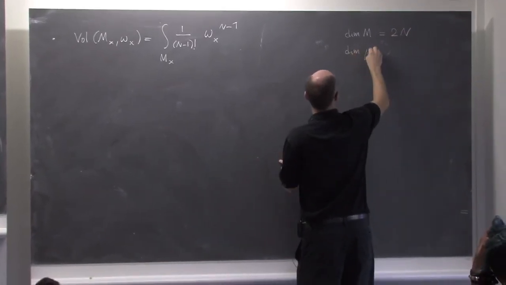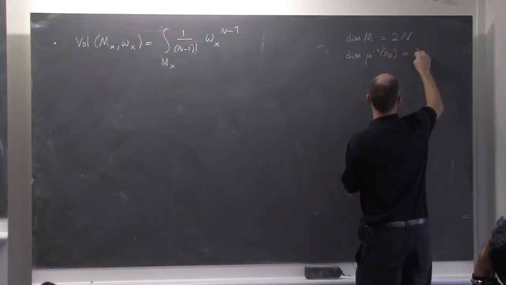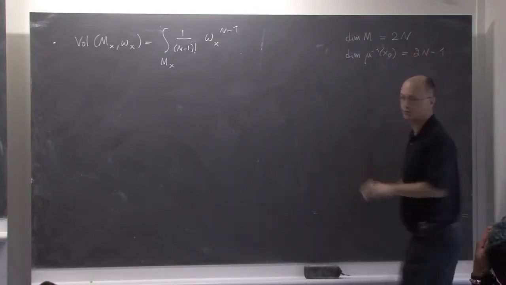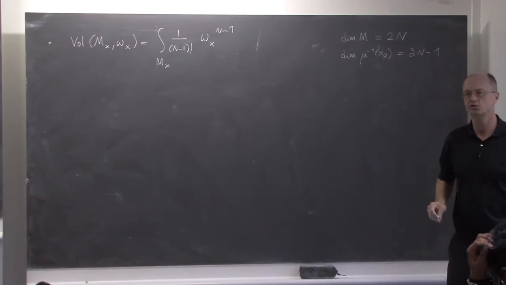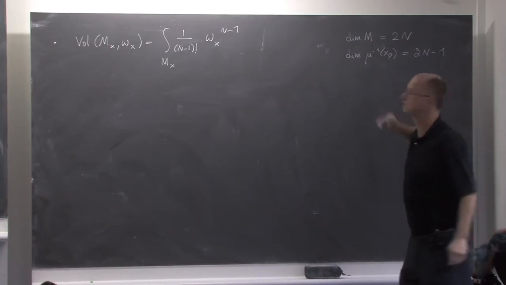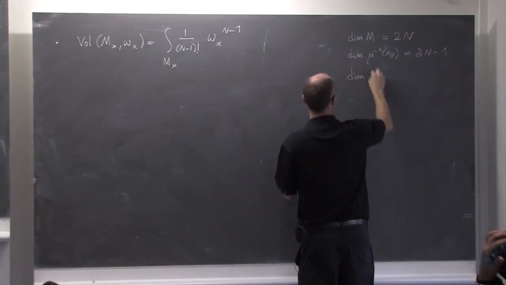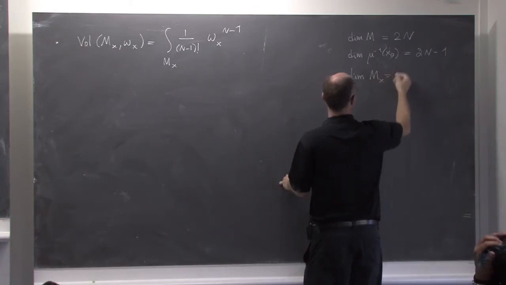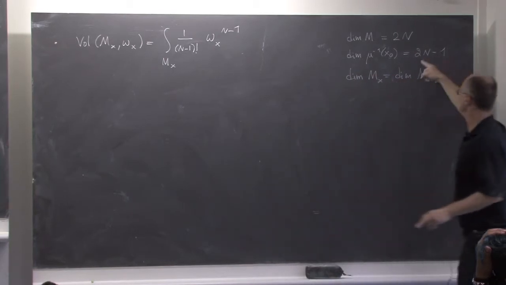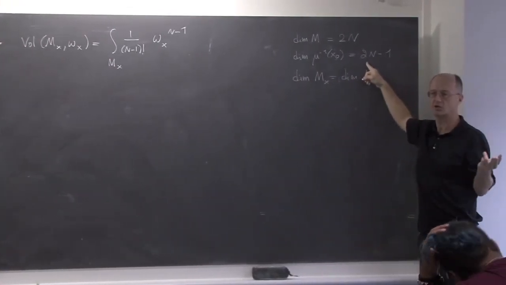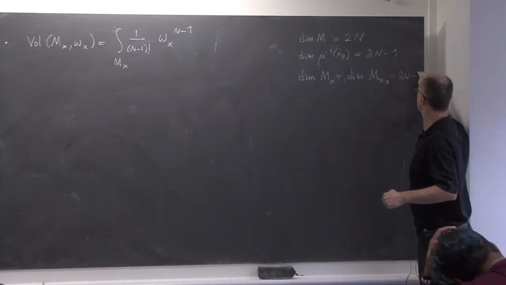The dimension of mu minus 1 of x0, a regular level set, is 2n minus 1, right? Because we just take one equation, mu is equal to x0, and that's a submanifold of codimension 1, and then the dimension of M_x is equal to, of course, the dimension of M_x0. So you subtract, again, 1 because you divide by a free action of S1. So it is 2n minus 2.